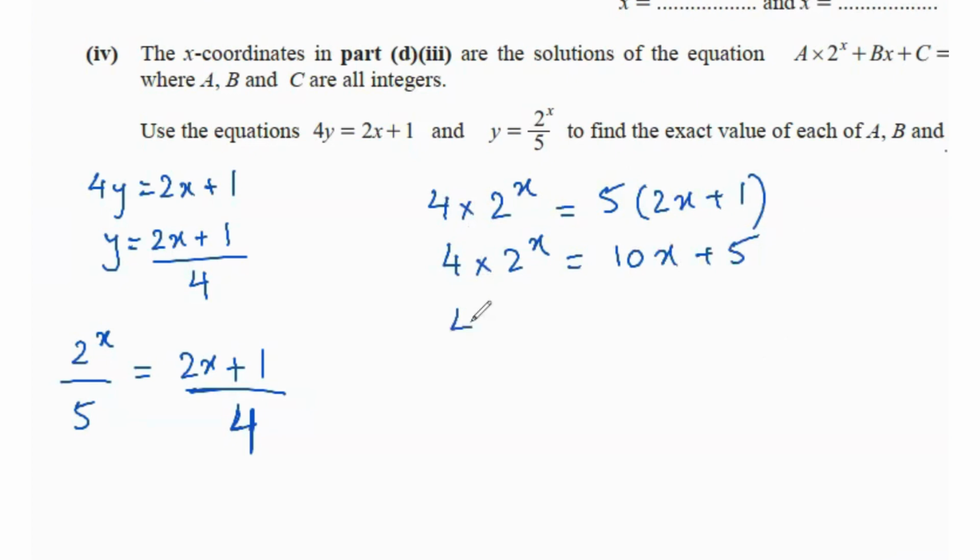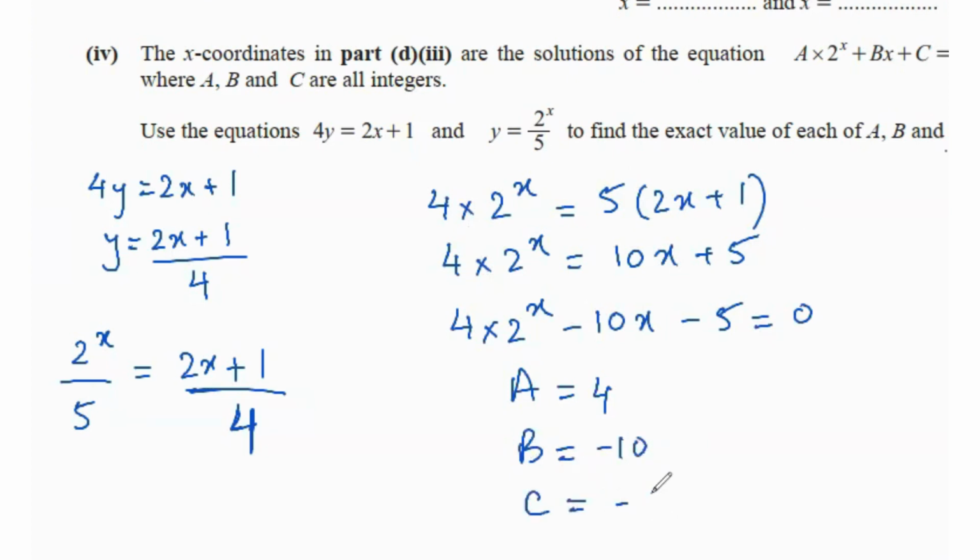So if we bring it to the other side, 4 times 2 to the power of x minus 10x minus 5 equals to 0. A is 4, B is -10, and C is -5. That's your answer.